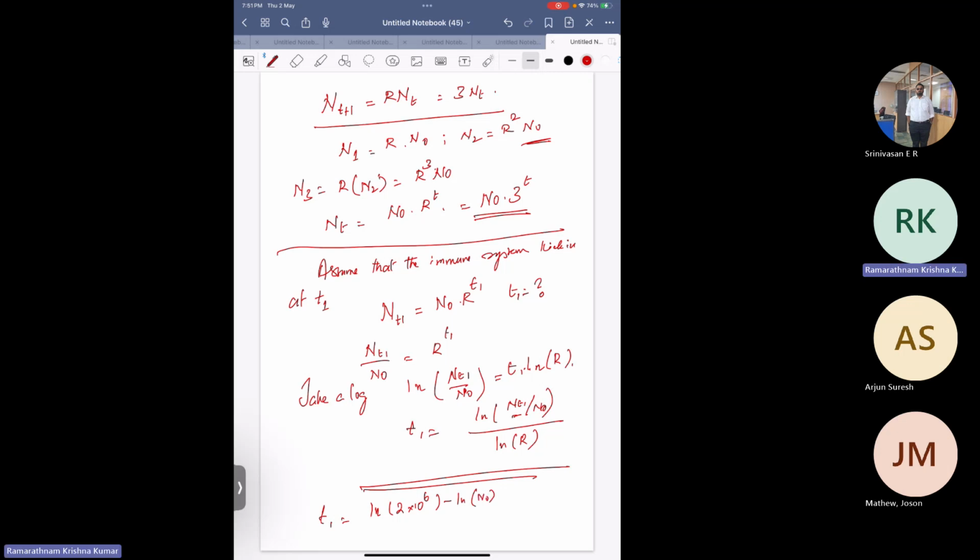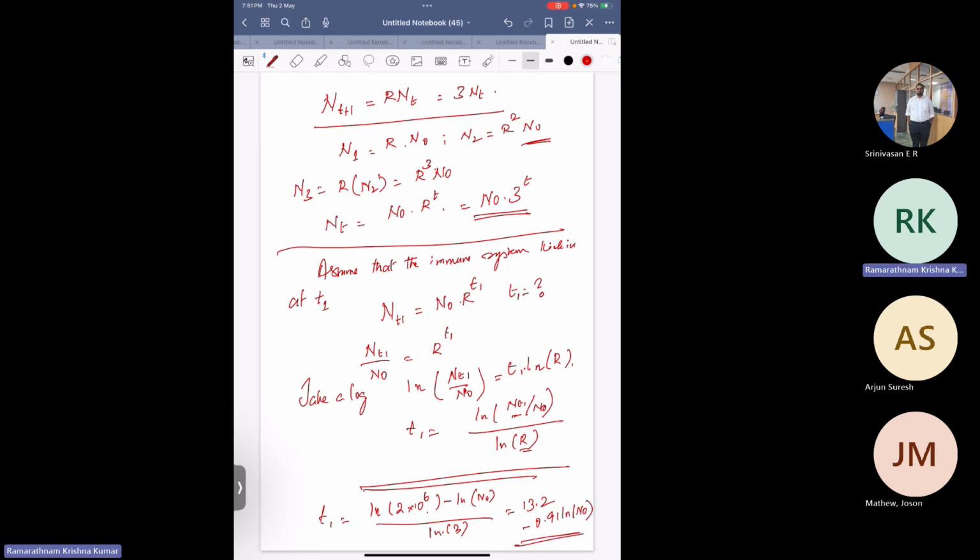N naught is some value, it can be the initial number. Divided by ln R, where R is 3. So when I do this simple calculation, the numerator is 13.2 minus ln of the initial number, and ln 3 is 3.91.